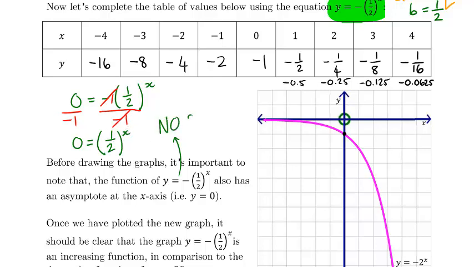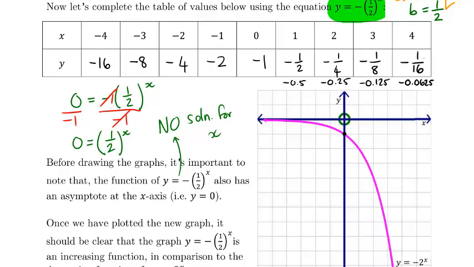There is no solution for x, not real or non-real here, guys, because there's no possible x that you can take 1/2 and put to the power of the x value that will give you 0. The graph does not exist for y equals 0, so that asymptote is still at the x-axis, y equals 0.